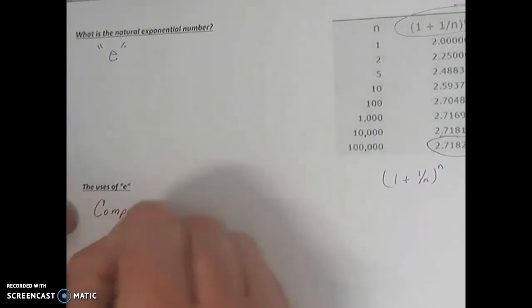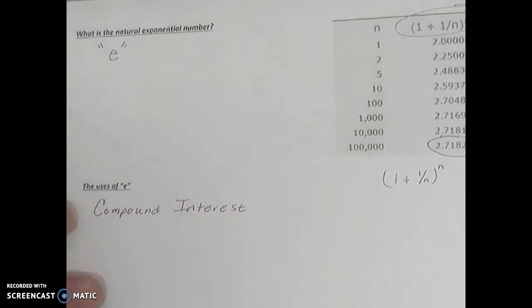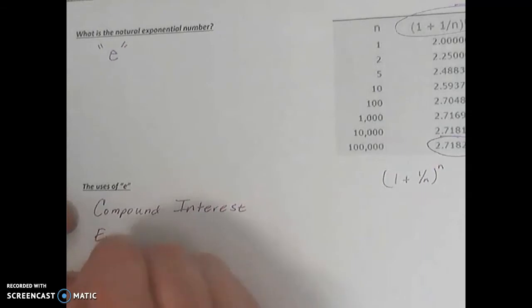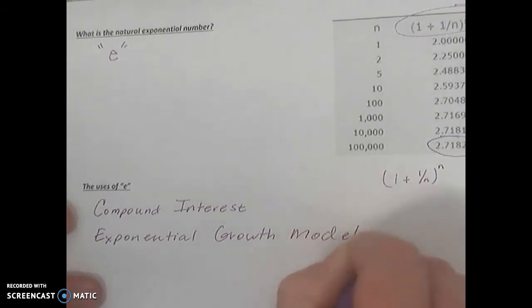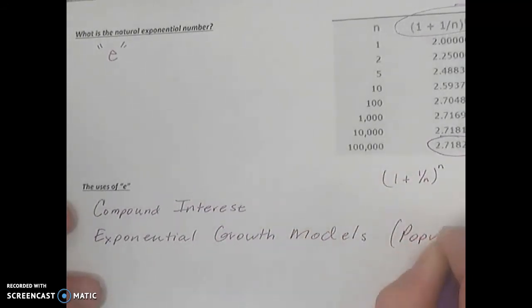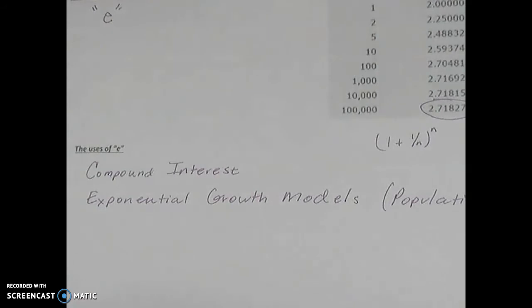One of the main uses of e is in compound interest. In exponential growth models, like maybe populations. So lots of different uses of e that you will end up seeing.